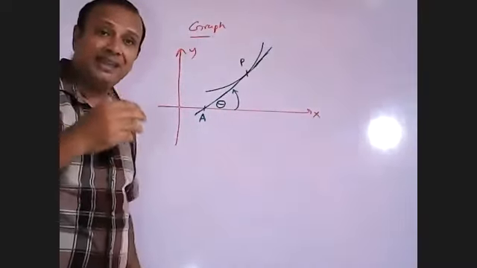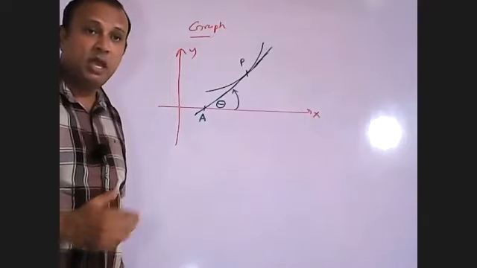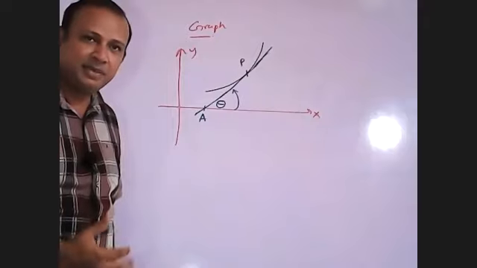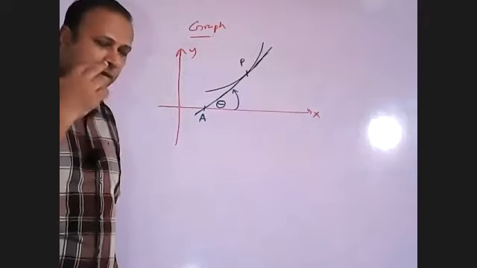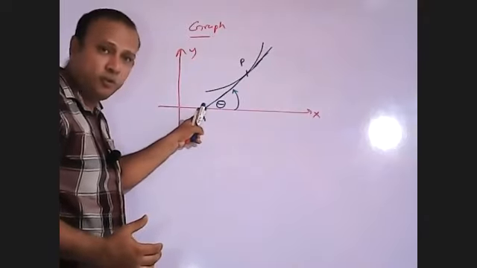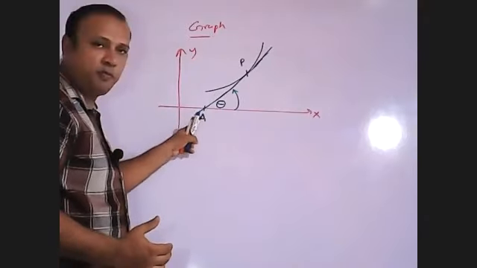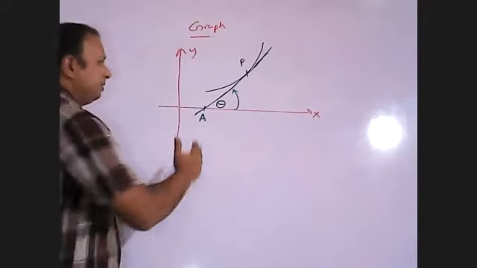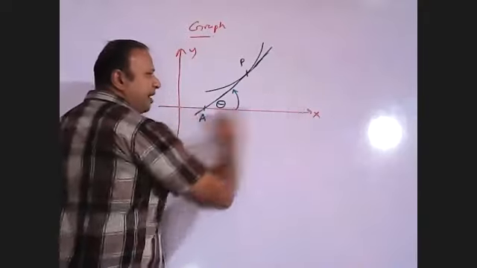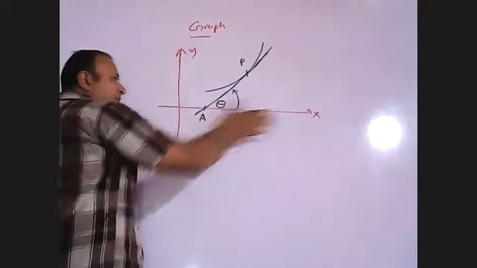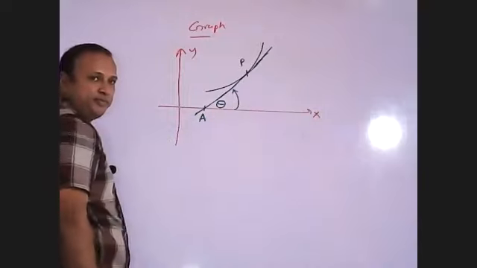So how to decide the positive side of the x-axis? First determine this intersection point. If you know this intersection point, then the right-hand side is the positive side, because every time the positive side is to the right-hand side.